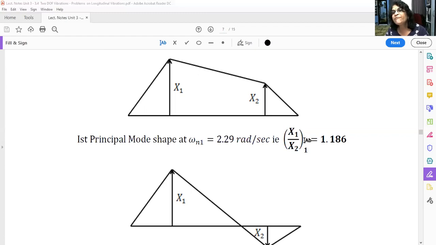Means if x1 is equal to 1.186, x2 is equal to 1. Now it is a positive value. So both the values are lying on one side of this section only. So x1 is greater than x2. See, x1 is 1.186 and x2 is 1.